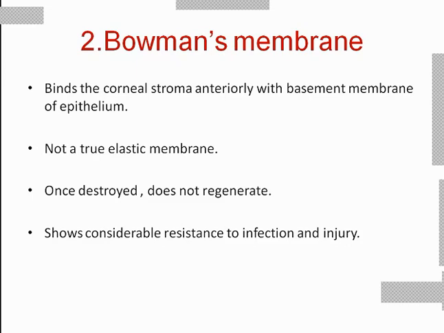So this basement membrane is a true elastic membrane, and once destroyed, if you see any penetrating trauma or any injury to the eye which injures the basement membrane, it does not get regenerated. And when you see the basement membrane damage, it usually causes permanent opacities in the eye.